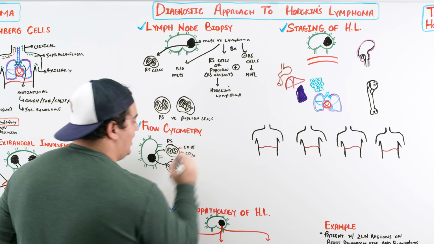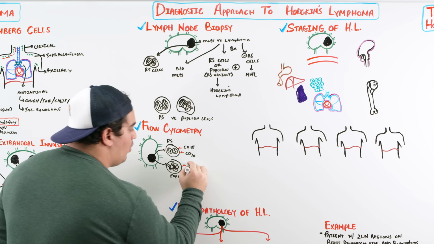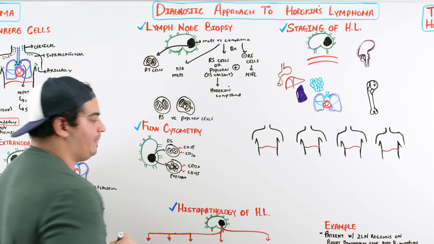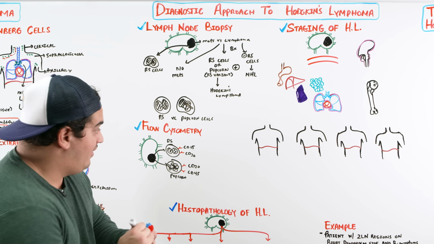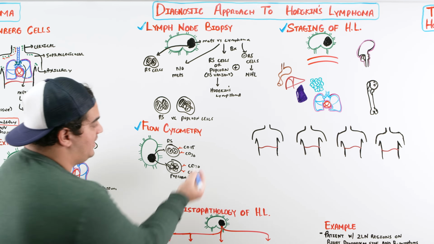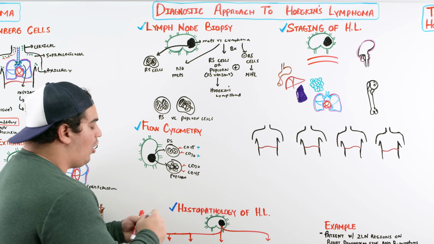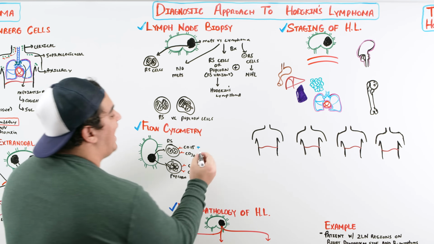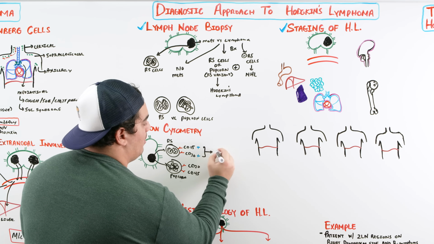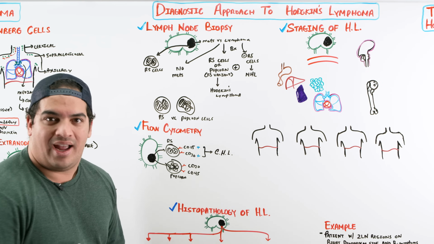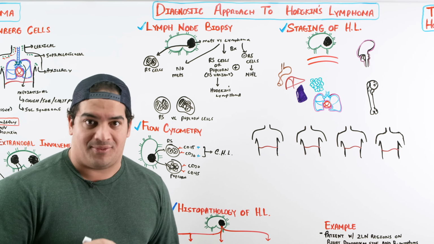So CD15 and CD30. For the popcorn cells, it's CD20 and CD45. If the CD15 is positive and the CD30 is positive, we call this classical Hodgkin's lymphoma. So we're going to abbreviate this, classical Hodgkin's lymphoma. Okay? And there are 4 different subtypes from that one.